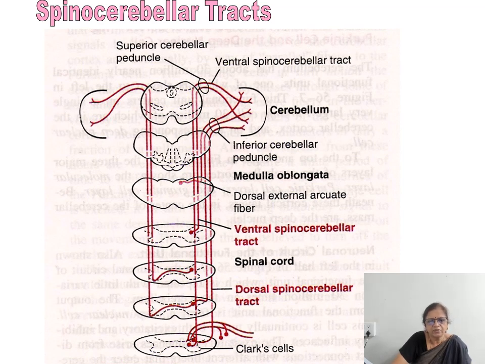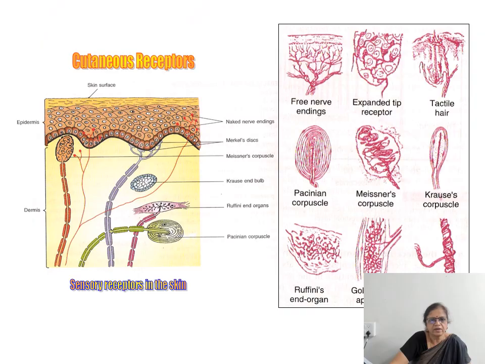One more thing you have to remember, maybe not shown in the picture: if they start on the right side, they cross to the opposite side, but through the superior cerebellar peduncle they enter the same side again. They are also ipsilateral here.